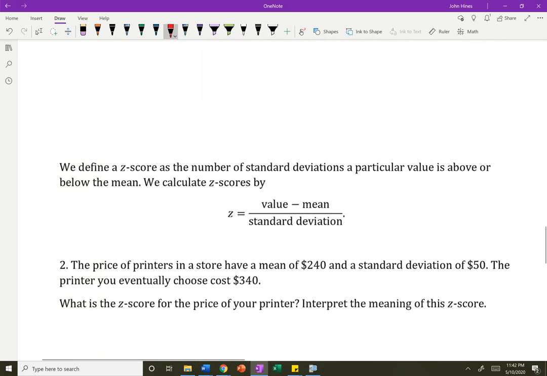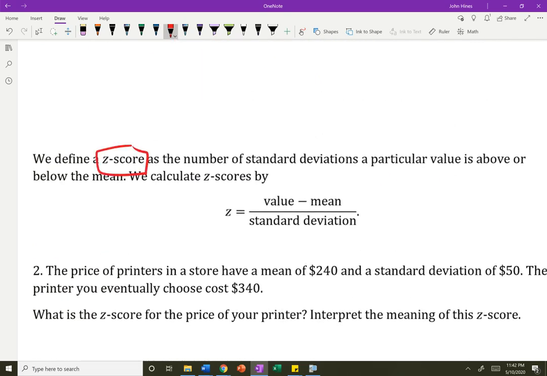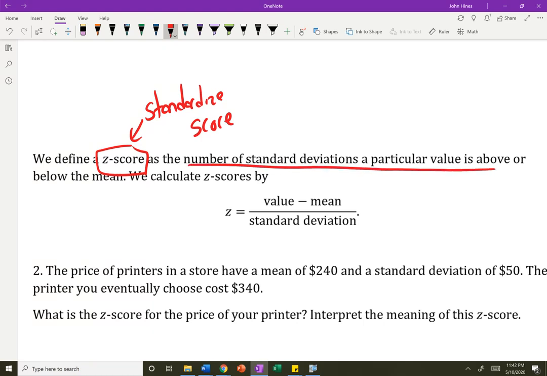So what we're working with here is actually this thing called a z-score, a standardized score. This is my standardized score here. And the way that we define a z-score is how many standard deviations am I from the mean?